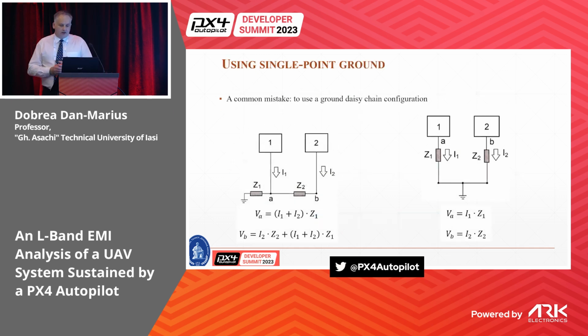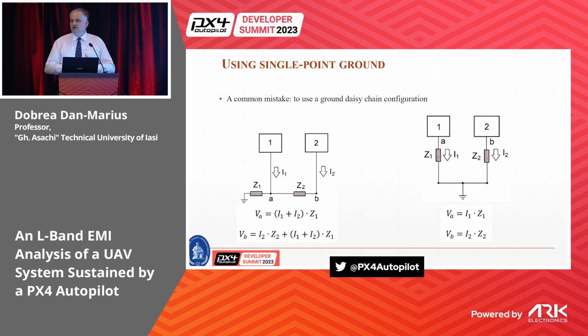Another approach is to use a single point ground. This is a common mistake, mainly because you can end up with a daisy chain configuration. For example, if you have a LiDAR light sensor, the most straightforward solution is to power it from the flight management unit, but doing it this way you will get these kinds of problems.